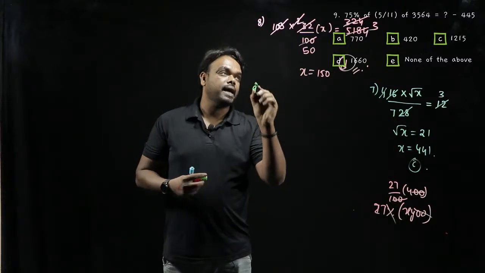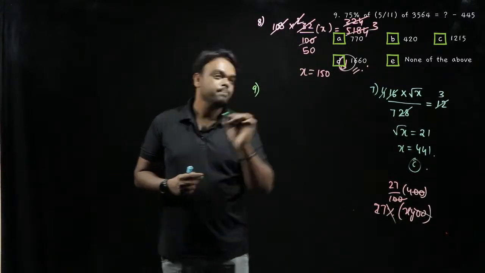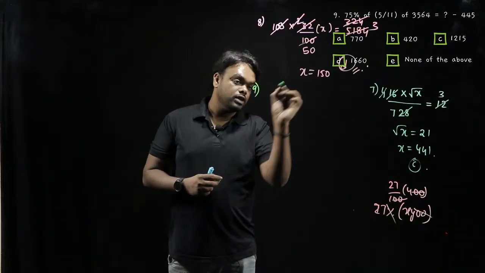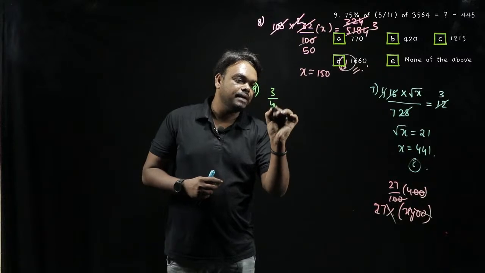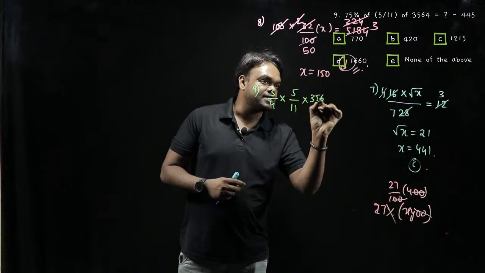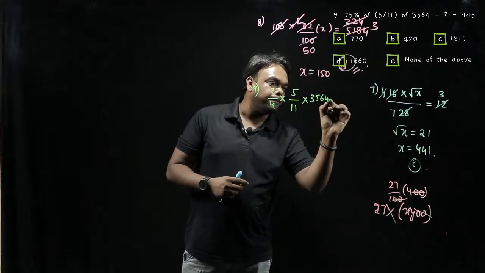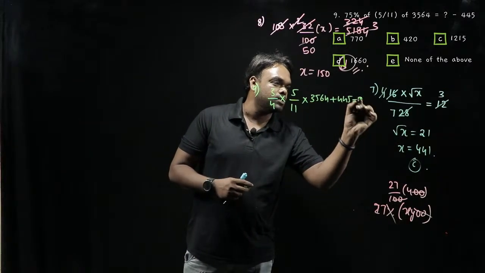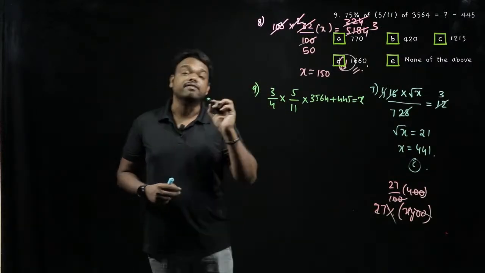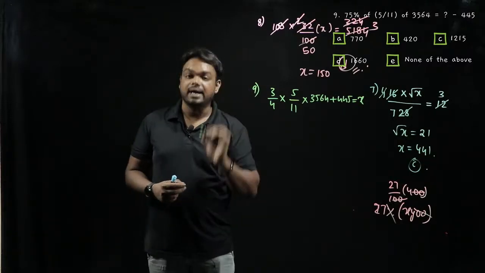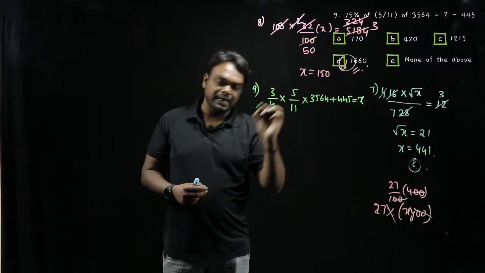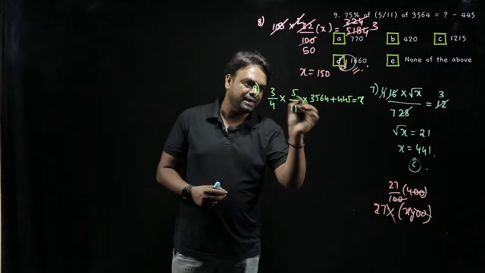क्वेश्चन नंबर 9, थोड़ा ओवरलैप हो गया, एडजस्ट हो जाओ। 75% of 5 by 11 of 3564 plus 445 is equals to x. देखते हैं, उसको सीधा लिखना चाहिए 3 by 4 into 5 by 11 into 3564 plus 445 is equals to x, ऐसा लिखना चाहिए आपका। क्यों? 75% क्या होता है, 75 by 100, इसका मतलब 3 by 4। डायरेक्टली, now of means multiplication, 5 by 11, again of means multiplication, 3564.